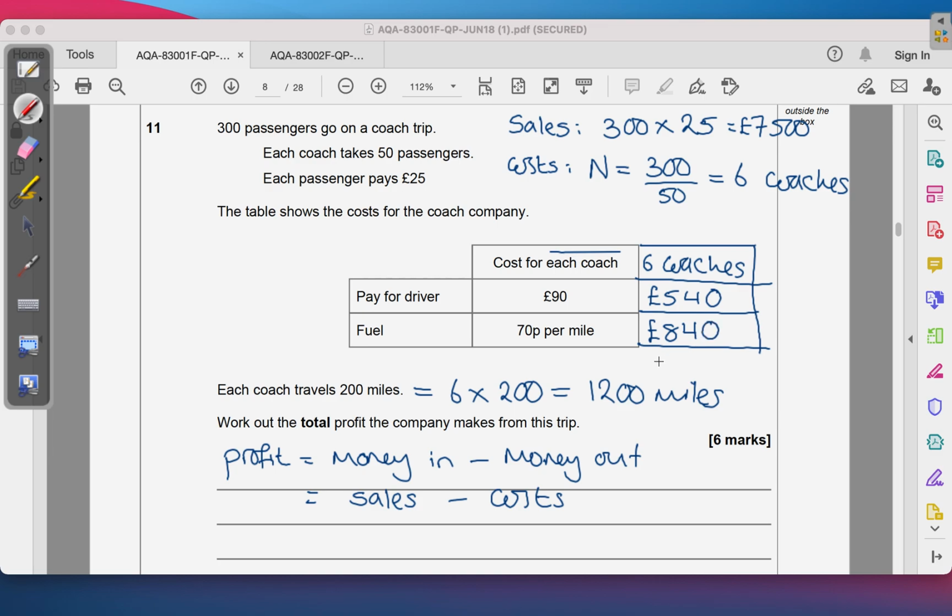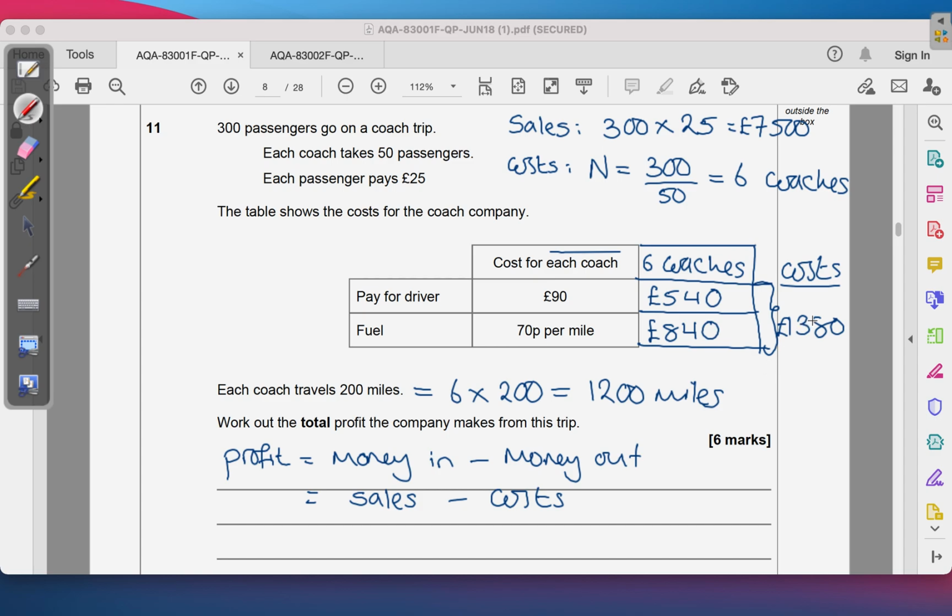Just double check that's right, 0.7 times 1,200, yep, 840. So the pay for the drivers is 540 for 6 coaches, and the payment for fuel is £840. So the total costs, let's add these together. So 840 add 540, so 8 add 5 gives us 13. 4 add 4 gives us 8, so it's going to be 1,380.